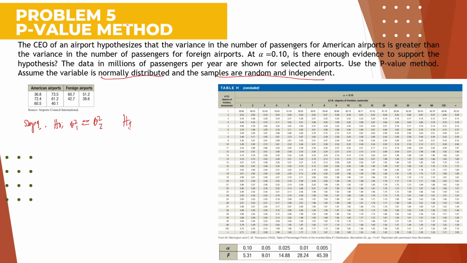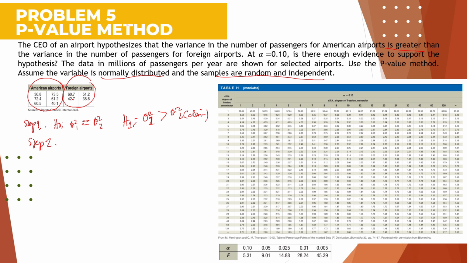And our H1 depends upon the problem: the variance of the passengers is greater. So variance 1 is greater than variance 2, which is our claim. In step number 2, we have to compute the test value. In order to get the test value, we have to compute the variance of this one and the variance of this one.